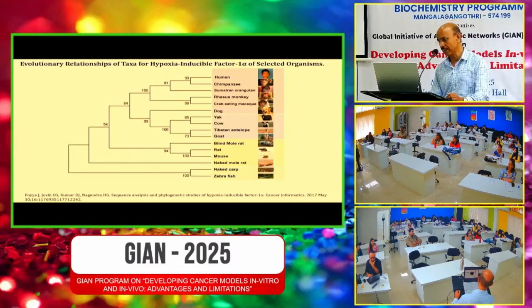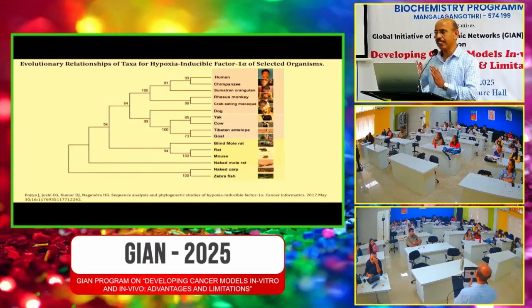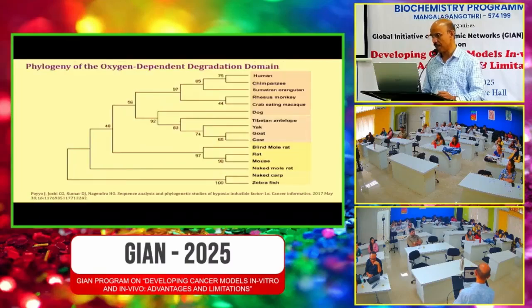And as expected, the naked carp and zebrafish were in a separate clade. What does it indicate? It indicates a kind of evolutionary relationship of the hypoxia factor, just like the humans evolved, along the way even the hypoxia factor evolved.